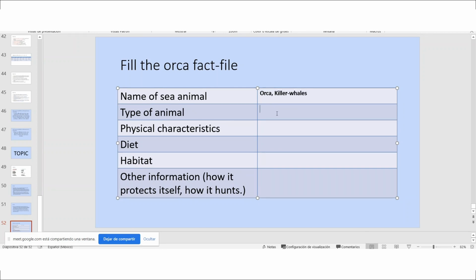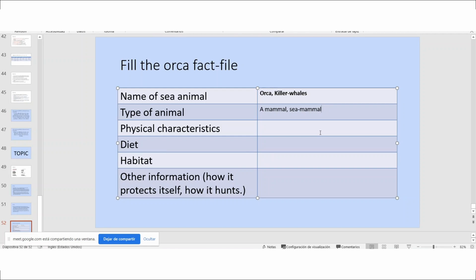Now, what type of animal are we talking about? A mammal. You can also say that this one is a sea mammal, right? It lives in the oceans.